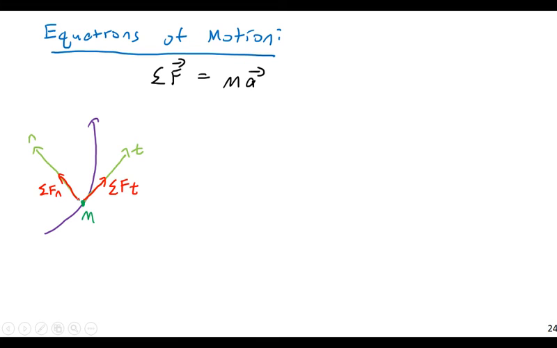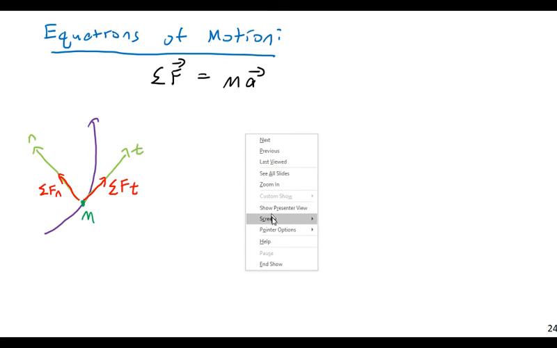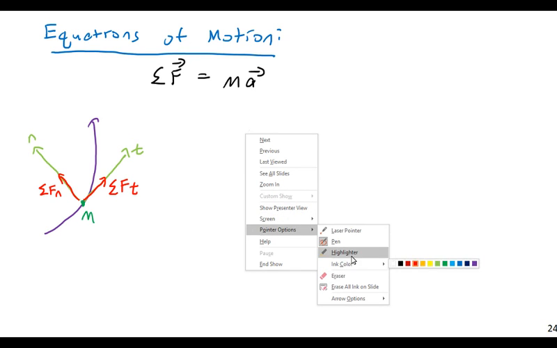So what we see here is that instead of just looking at forces in the x and y direction, we can use a different coordinate system, this time a rotating or changing coordinate system that looks at the normal and tangential directions instead of simply the global x and global y directions. So it's just a different way of representing our coordinate systems.